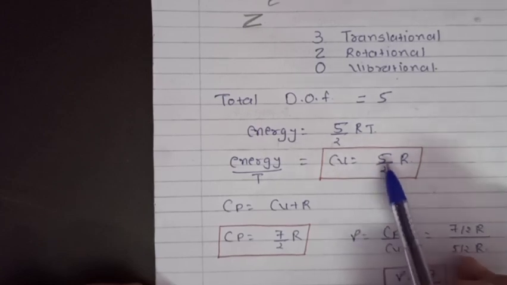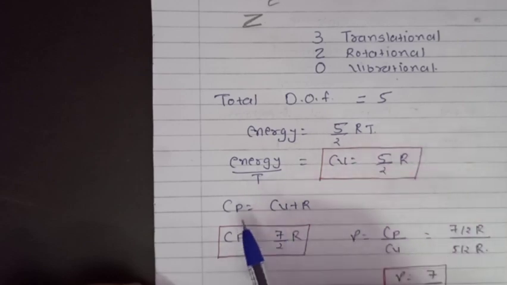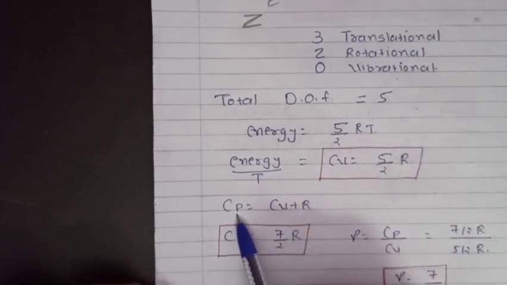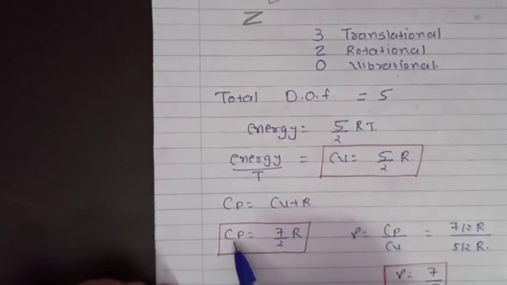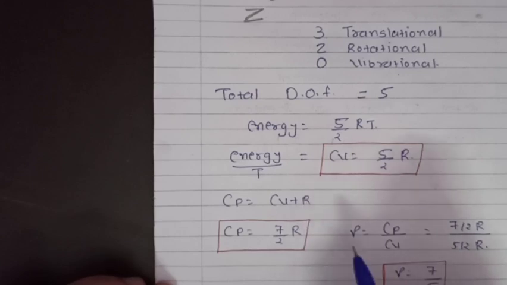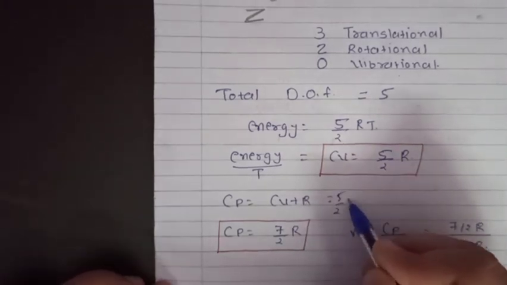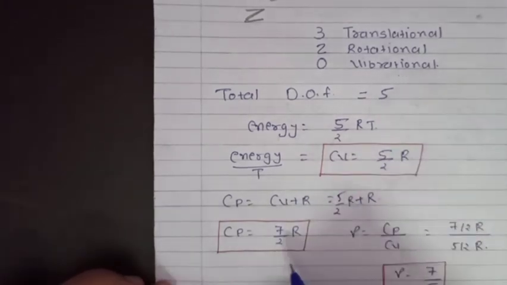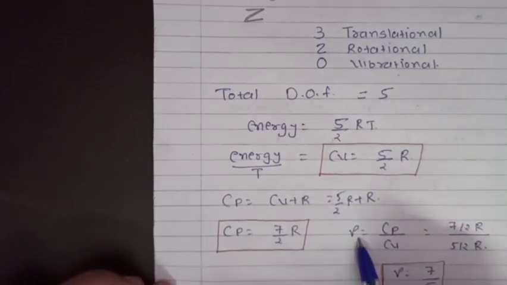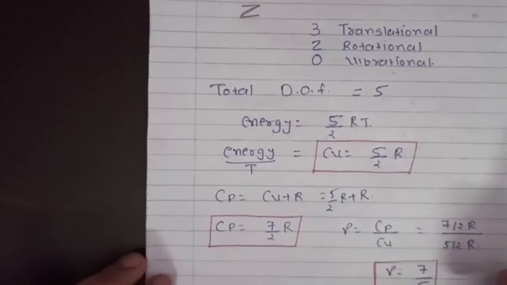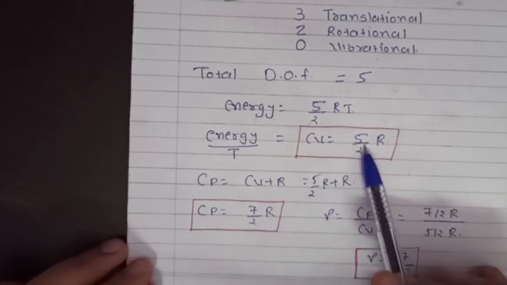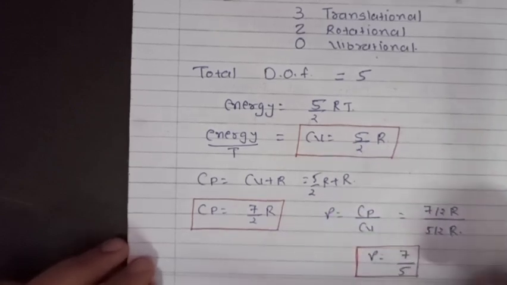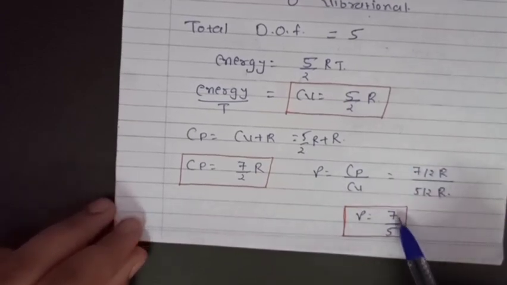So Cv will be 5 by 2 R. Now specific heat at constant pressure, that is Cp, is equal to Cv plus R. So Cp will be equal to 5 by 2 R plus R. That will be equal to 7 by 2 R. Gamma is given by Cp by Cv. The value of Cp is 7 by 2 R and the value of Cv is 5 by 2 R. So gamma will be 7 by 5.